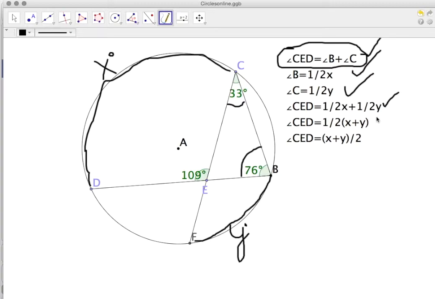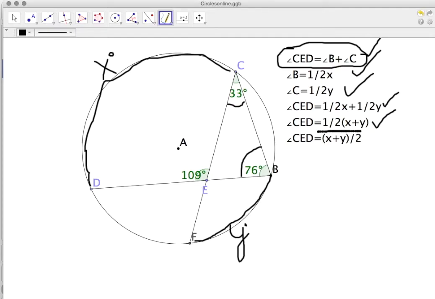And that's basically our new formula for today. But I'm rearranging it so that you can remember it a little bit more easily, and also be able to work with it better. So I could take this half that's in both of these terms and factor it out. So this would be true. And I could also rearrange that as saying X plus Y divided by 2.